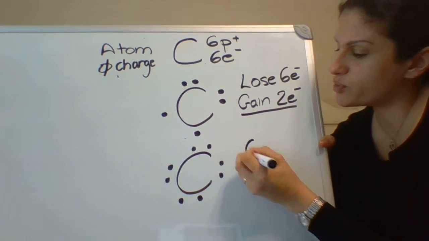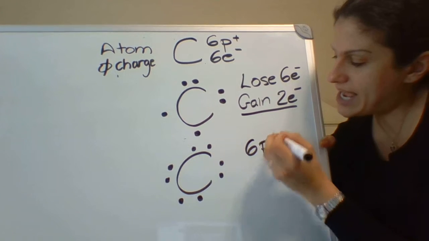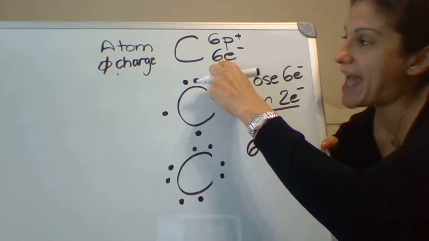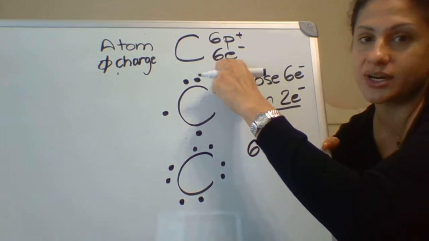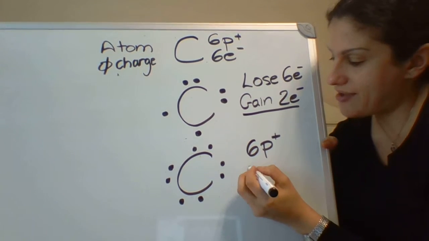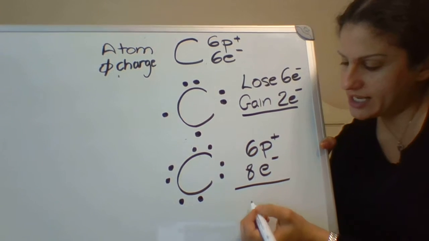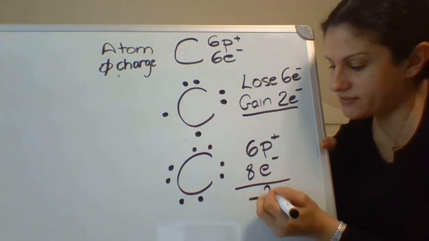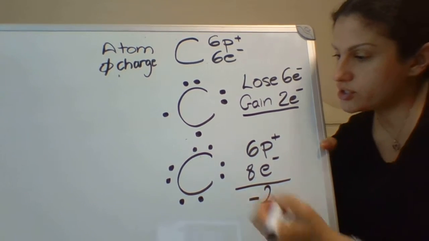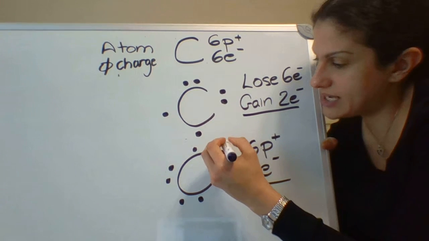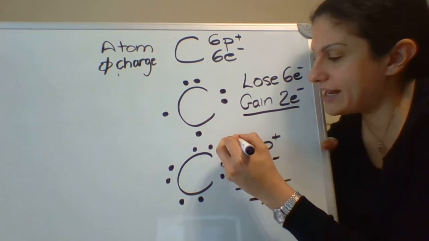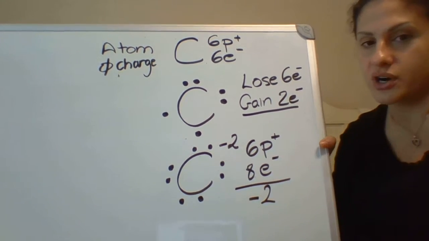We had 6 protons, but if we're adding 2 electrons, we now have 8 electrons, leading us to a -2 charge. So carbon, in this case, is going to have a -2 charge.